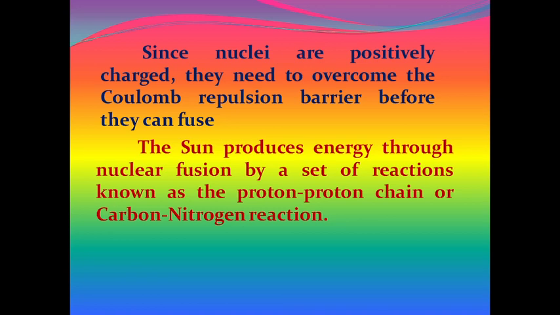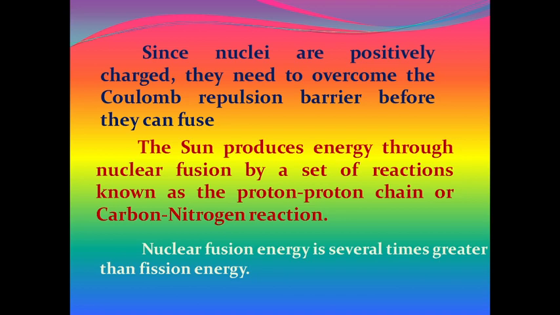That's why this process naturally occurs in the sun, and the sun produces energy through a set of reactions. There are two kinds of reactions responsible for nuclear fusion, called the proton chain reaction and the carbon nitrogen reaction. Nuclear fusion energy is several times greater than fission energy. The energy released per reaction is greater than in the nuclear fission process.